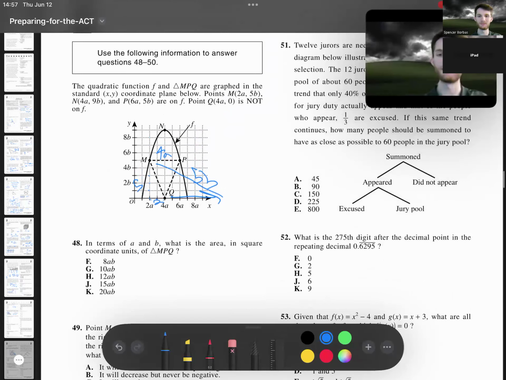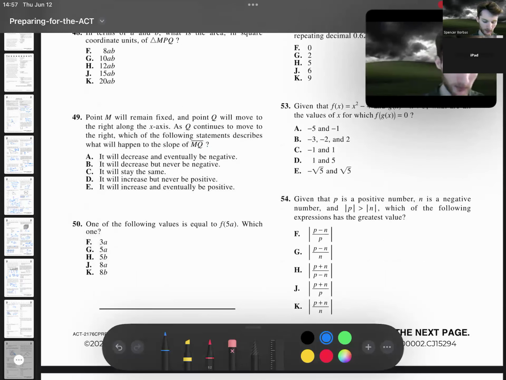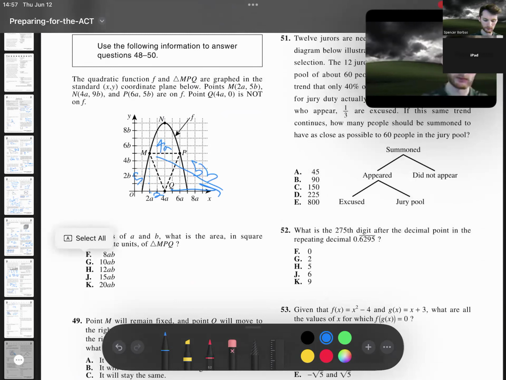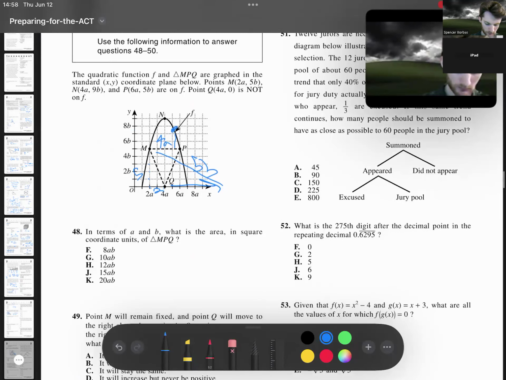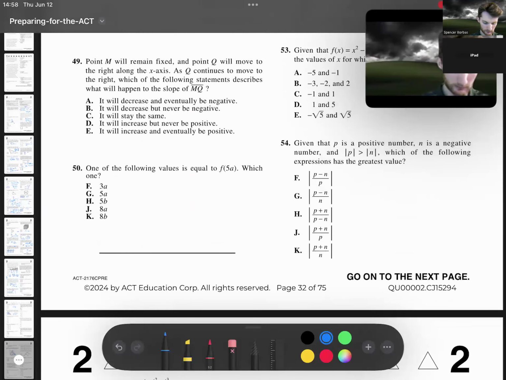I should have read this before answering the questions. It's too late now. Okay, f of 5a. Oh wait, that's 8b, isn't it? Yeah, all right. Okay.